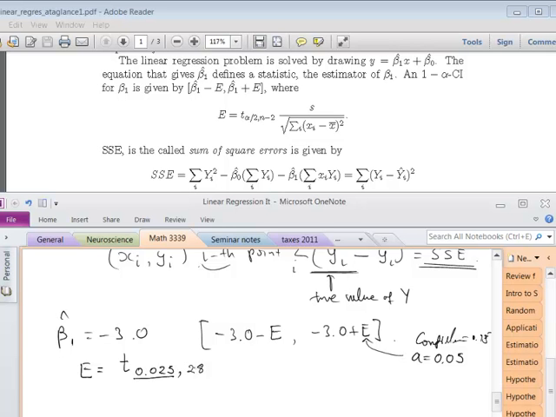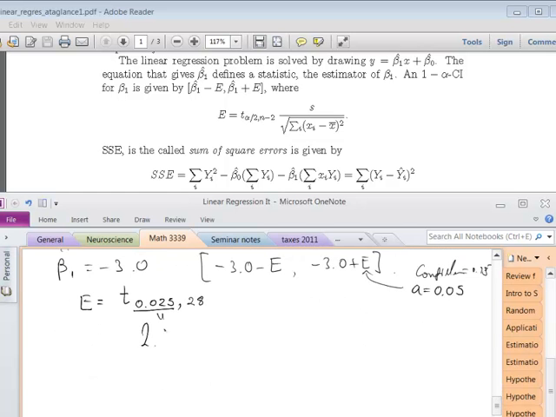Now let's see what this value is going to be. This value is 2.048. And then we multiply this value with this S that we need to calculate times this quantity.